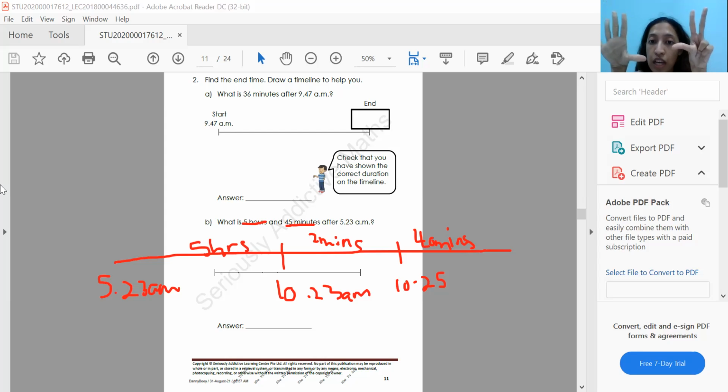So this is 40 minutes. So 11:05. So far we only have 42 minutes. 40 plus 2 is 42, right? They want 45 minutes. How to get to 45 minutes? We need 3 more minutes, correct? So 3 more minutes after 11:05 is 5, 6, 7, 8. So 11:08.